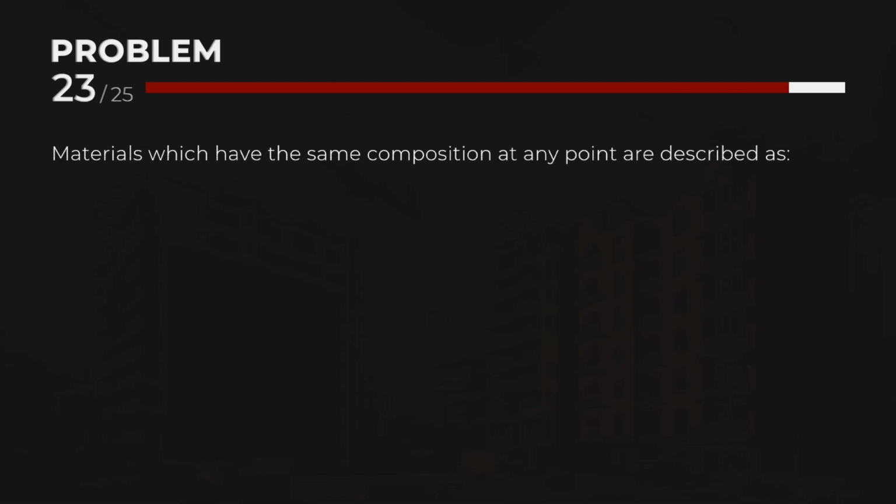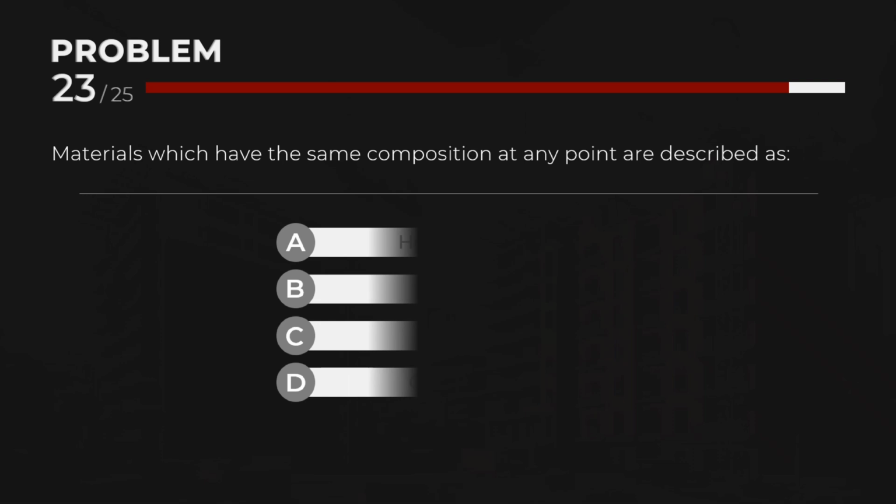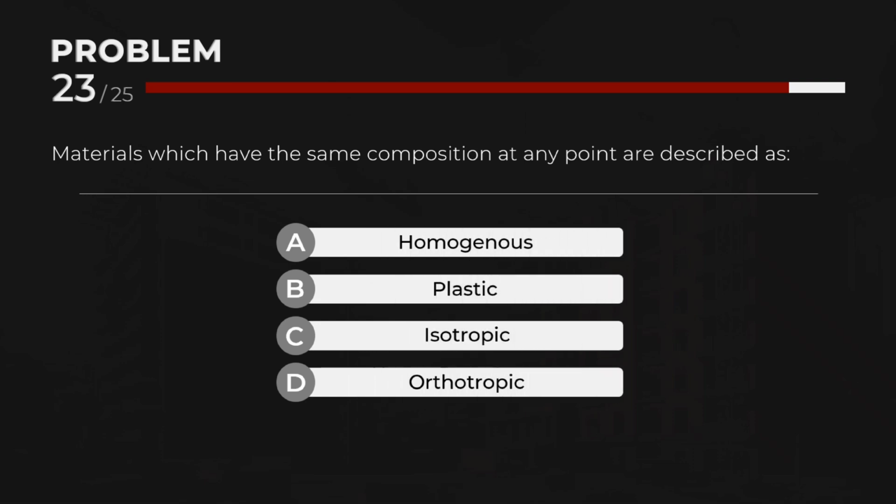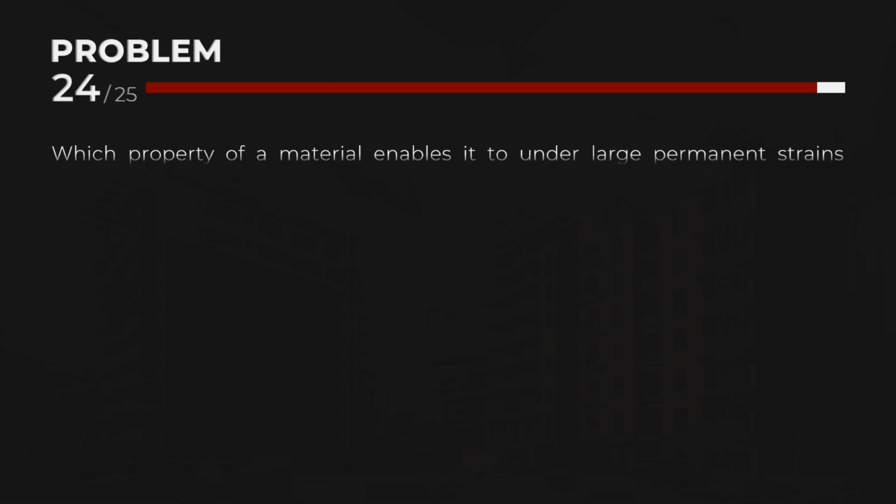Materials which have the same composition at any point are described as A. Homogeneous. Which property of a material enables it to undergo large permanent strains before failure?